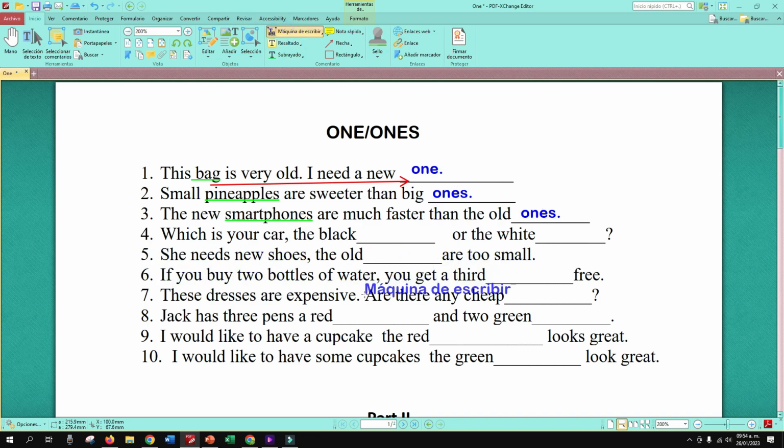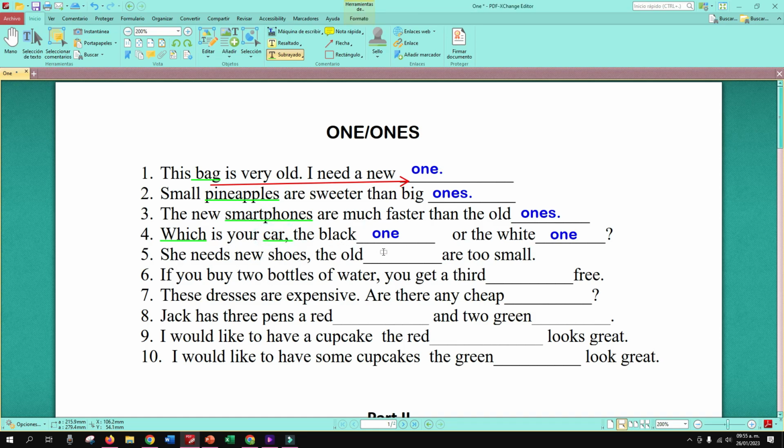Number four. Which is your car? The black or the white? One. The black one or the white one. Look, here you are using what? Which, right? And you're talking about what? A car. So, which is your car?